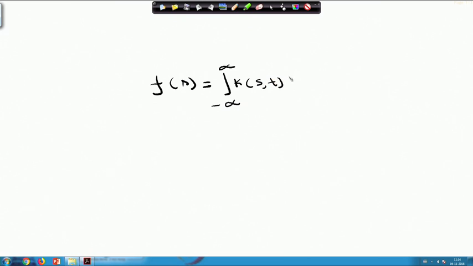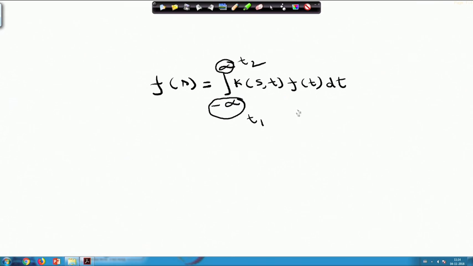Sometimes we may write the limits as t1 to t2, that means on some finite domain t1 to t2, or it may be an infinite domain from minus infinity to infinity.